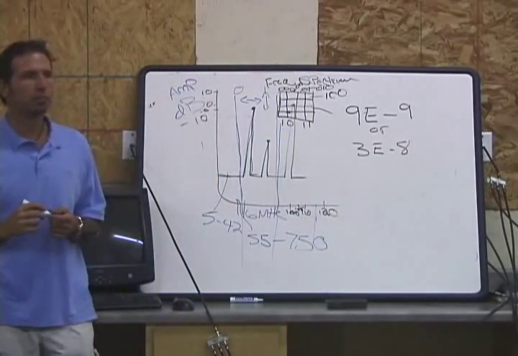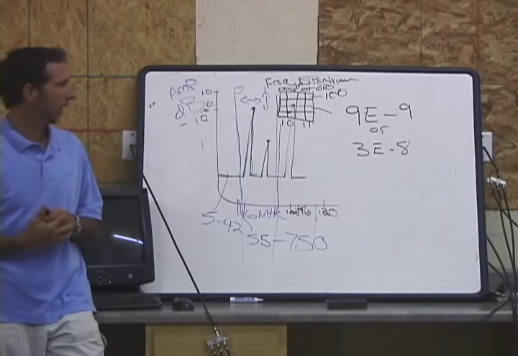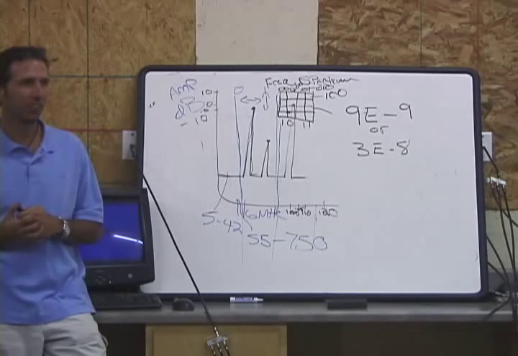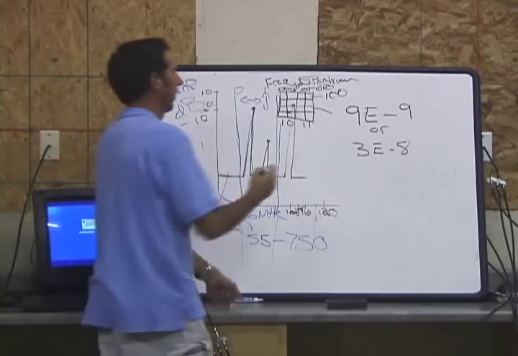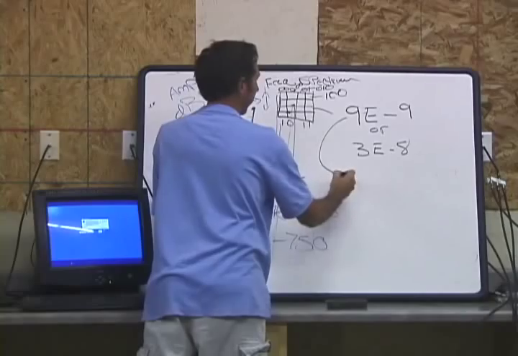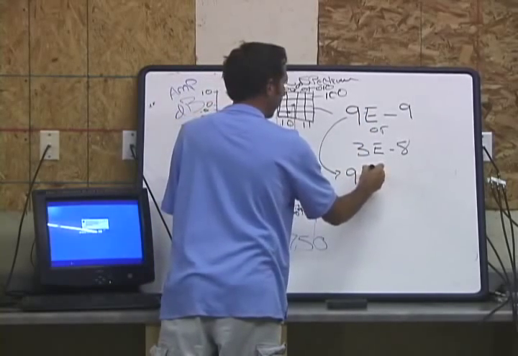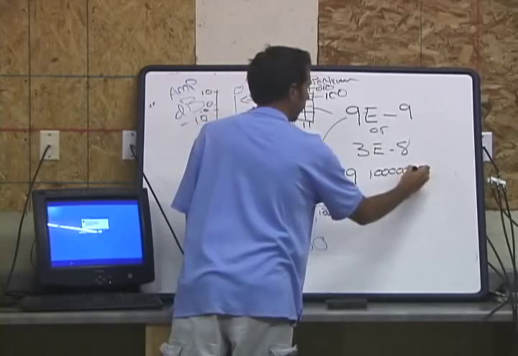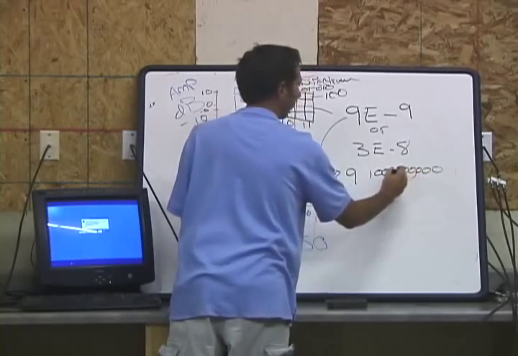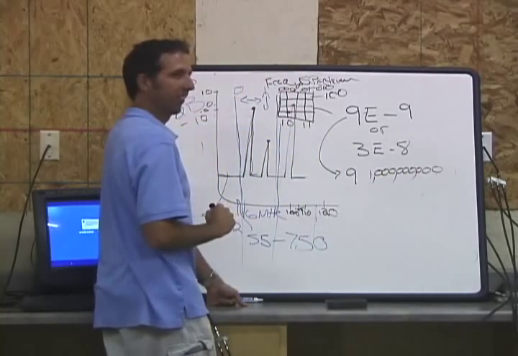Which one has more errors? 3E. Correct. Why is that? Fewer zeros, so it's bigger. Correct. Absolutely correct. So let's put them out here. This one would be 9 errors out of, E means make a 1 with 9 zeros. 1, 2, 3, 4, 5, 6, 7, 8, 9, comma, comma, million.